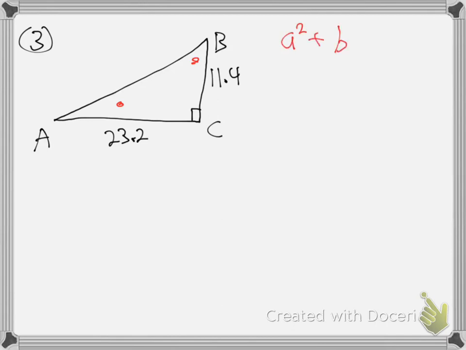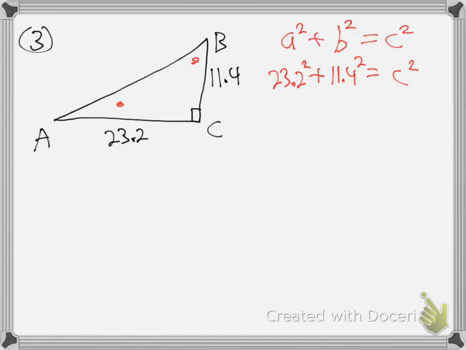A squared plus b squared. We're still going to need to do something about the angles, and we'll come back to that. But yeah, let's just go ahead and do the Pythag. A squared plus b squared is c squared, right? So 23.2 squared plus 11.4 squared is c squared.